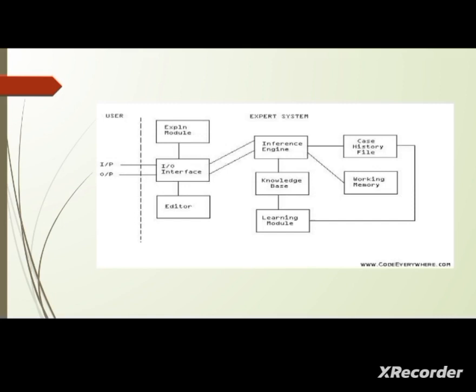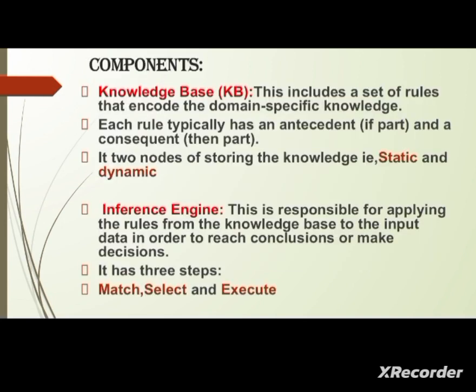Then the expert system has explanation modules, I/O interface, editor, inference engine, knowledge base, learning modules, case history files, and working memory. These are the components of the rule-based expert system. So we are moving to the components of the rule-based expert system.